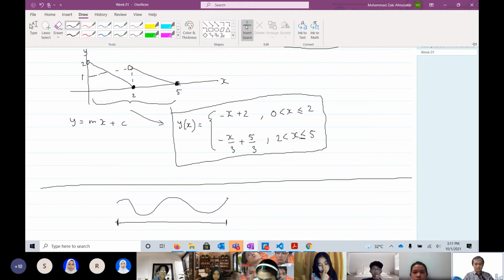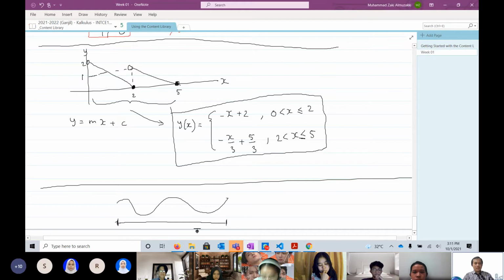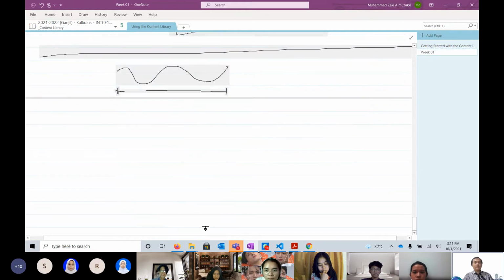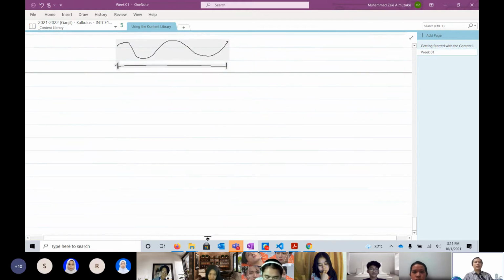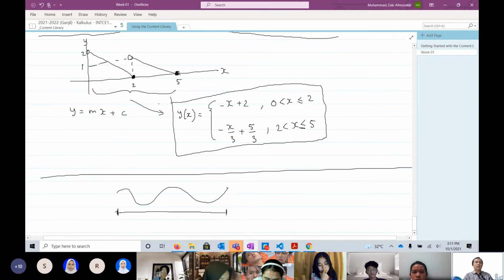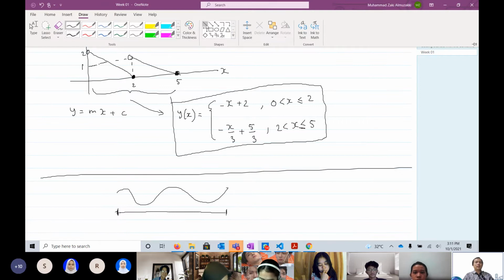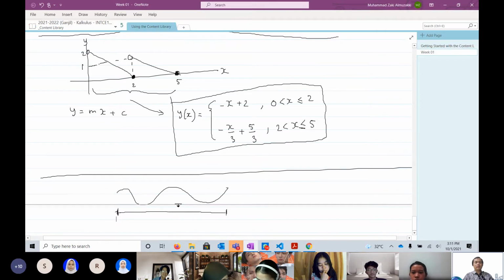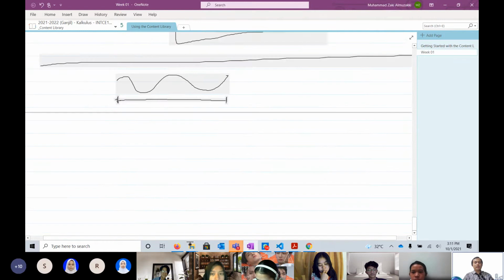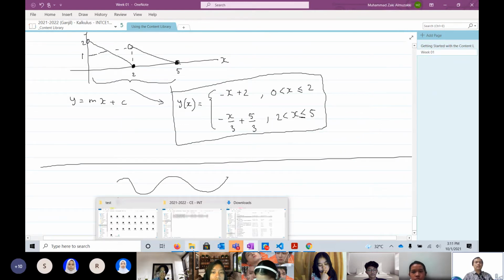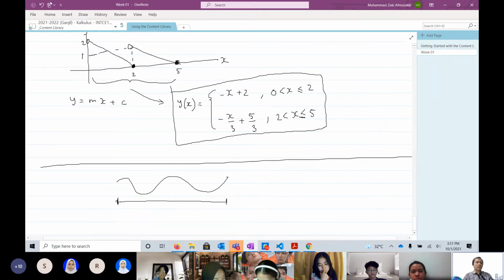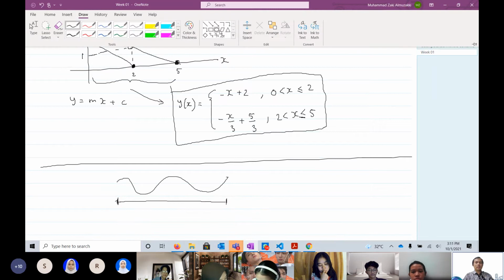Understood? Understood, sir. So it is increasing if for the whole interval, we have an increasing trend. But it is decreasing if for the whole interval, the function is decreasing. Otherwise, it is neither increasing nor decreasing.